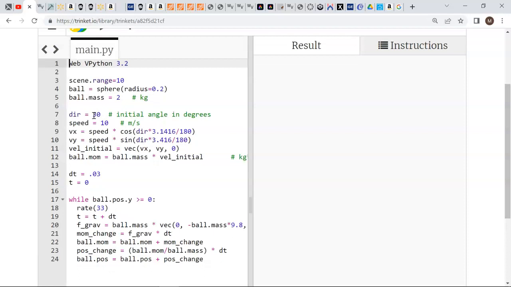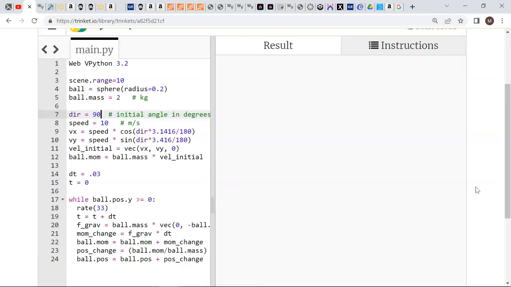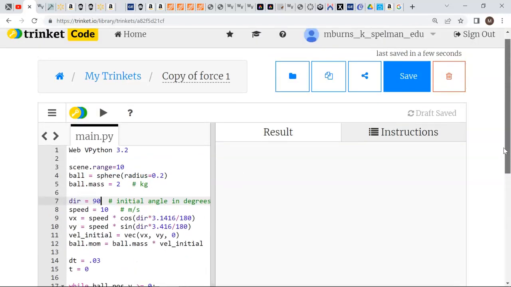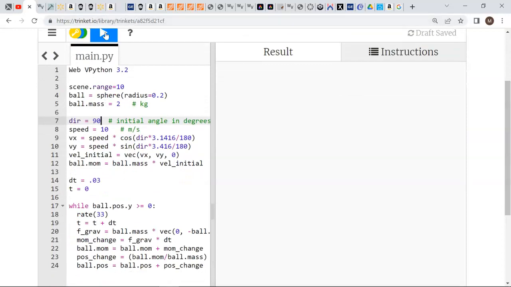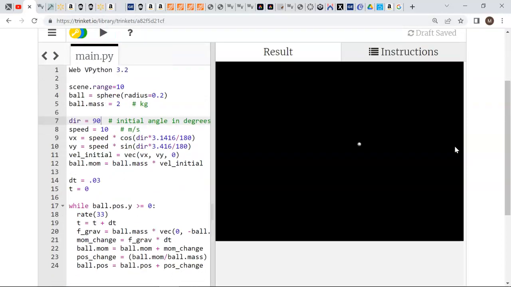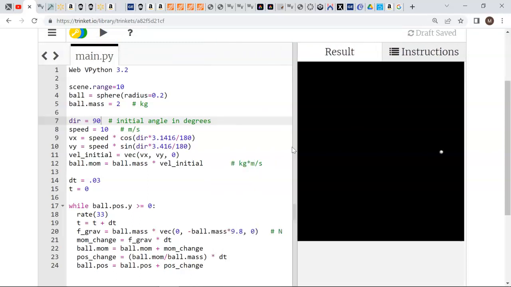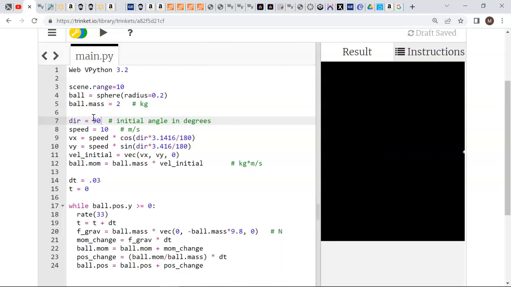As a check, if I put the direction of 90 degrees, it should show everything going straight up. So let's just make sure we're okay with that conversion. Okay, so yes, indeed, converting to radians was the proper thing. Okay, so change this back to 30 degrees.